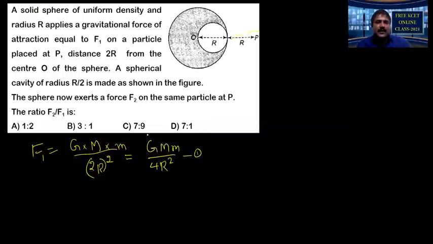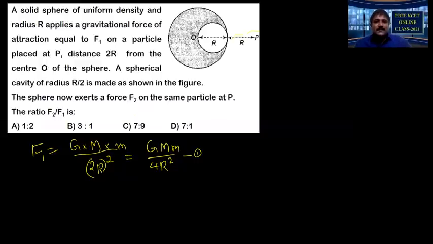Now what happens? A cavity is made. That means that portion of the mass is taken out, and the sphere has less mass. What is the net force in the latter case after making a cavity? Now, the initial force is F1.